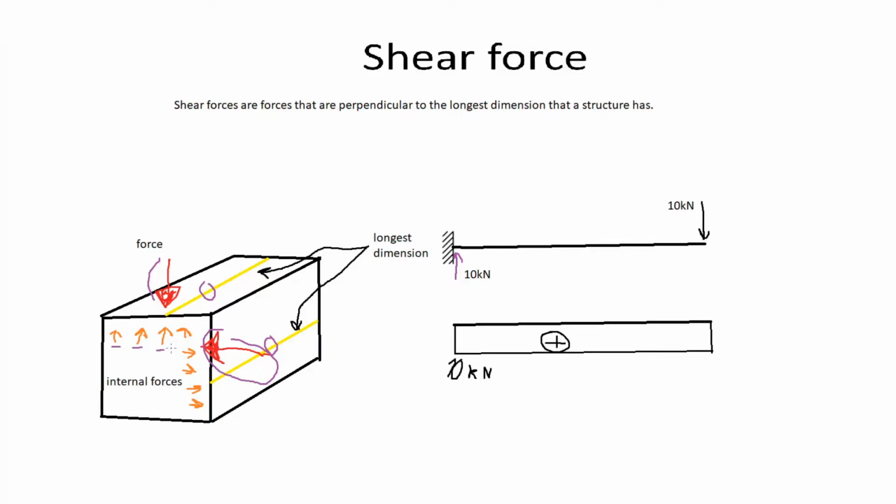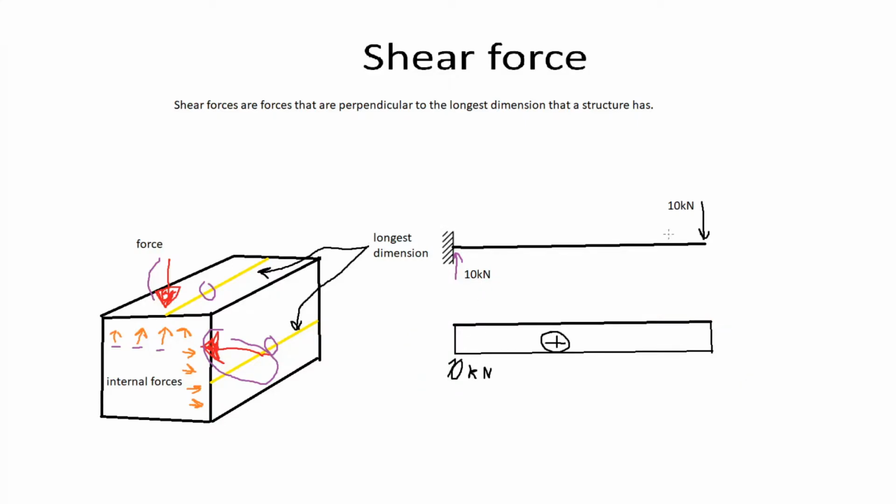And these internal forces are illustrated in a shear force diagram. So all a shear force diagram is, is it shows the internal forces that a beam has at any location.